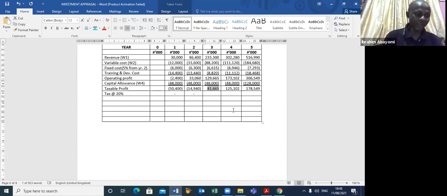I will now have a profit of 16,325. I will now charge my 20% tax. So my tax is 3,265 in that year. So my tax will start in year 3 because that is where I will make my first profit.